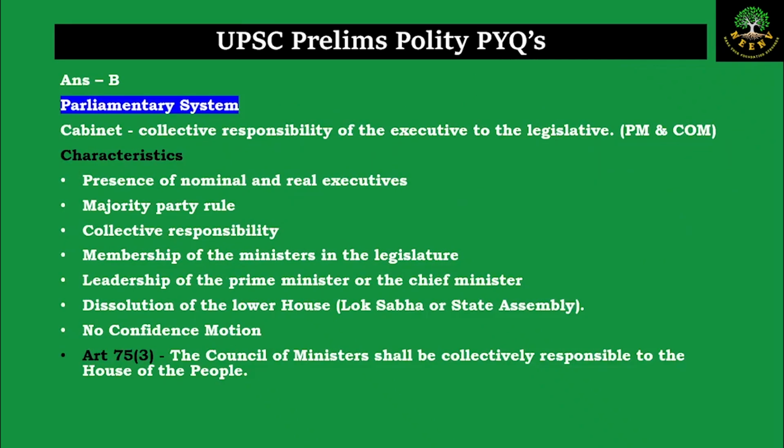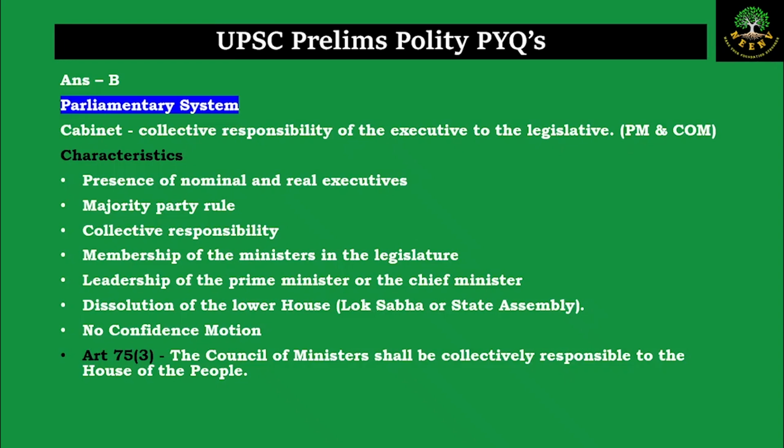Now what is a parliamentary system of government? It is a system in which the cabinet is collectively responsible to the legislature because the executive is coming out of the legislature. And what are the characteristics of a parliamentary system of government? We have the majority party rule, we have the collective responsibility, which is the defining factor, and membership of ministers in the legislature.